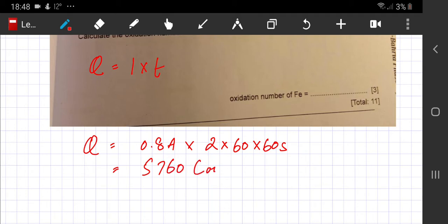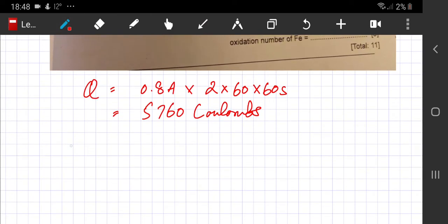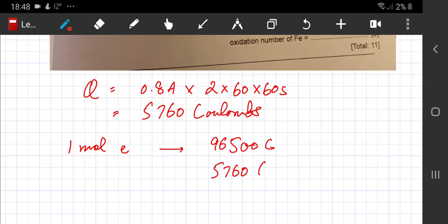5760 coulombs. And I can convert that into moles of electrons by using the Faraday constant, because 1 mole of electrons has a charge of 96,500 coulombs. So if you have 5760 coulombs, how many electrons is that?